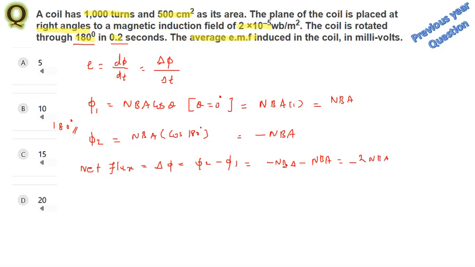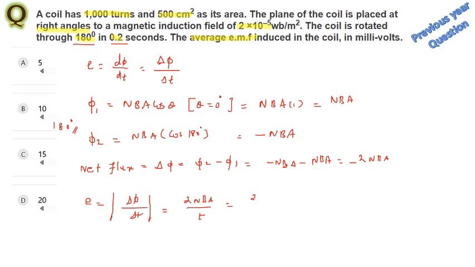Now for this one, the magnitude of the average induced EMF, you just consider the magnitude of EMF. In this case you just put delta phi by delta t. So in the modulus, negative will become positive here, 2 NBA divided by t here. The t value already you know.